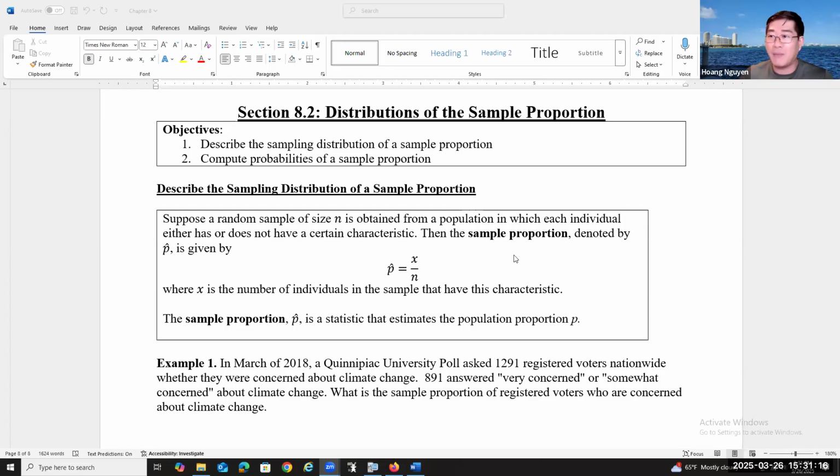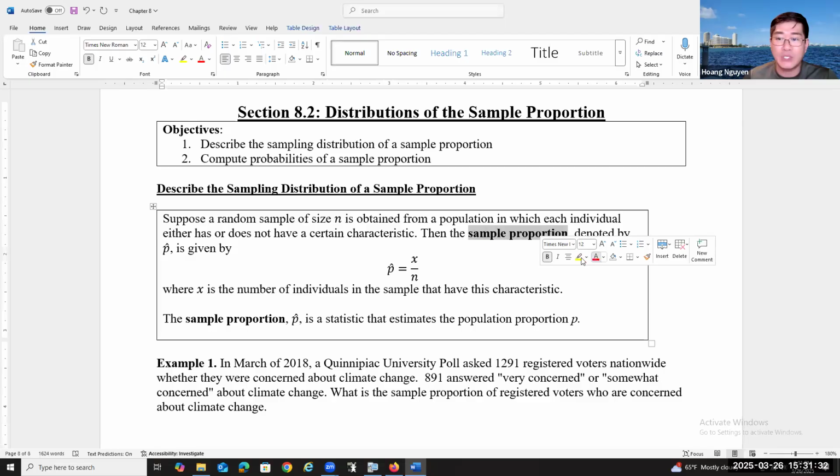When we randomly select the sample from the population, some people in that sample have the certain characteristic. Then the sample proportion is denoted by p hat. This is the notation.